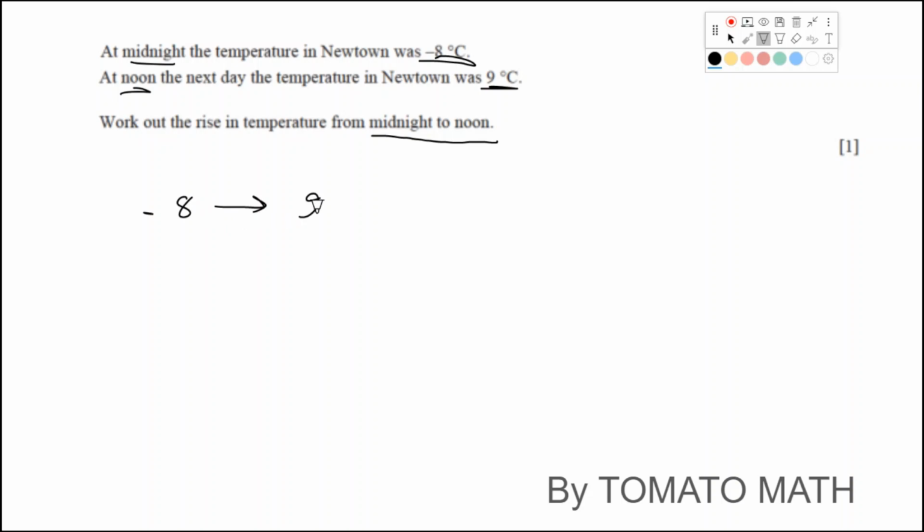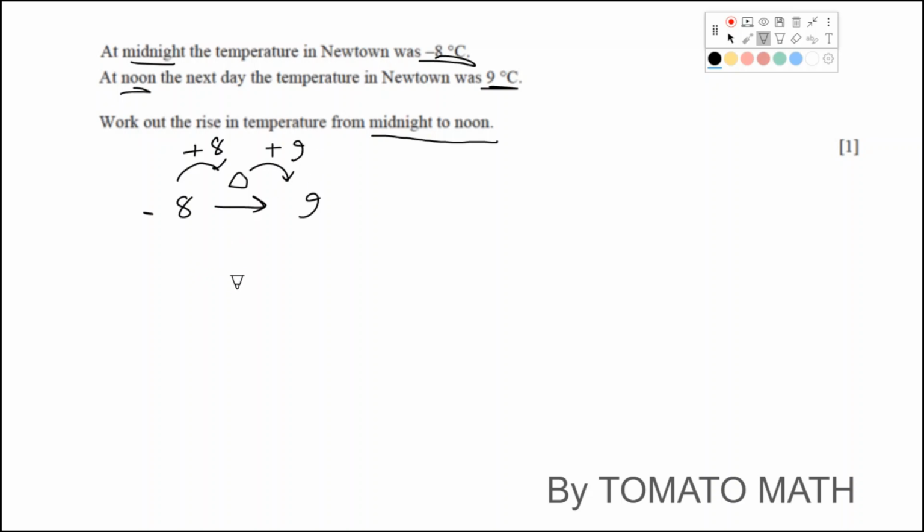In order to know that, we basically need to think from 8 till 0, how many numbers we need to go there. So we need plus 8, right? And from 0 till 9, we need plus 9.